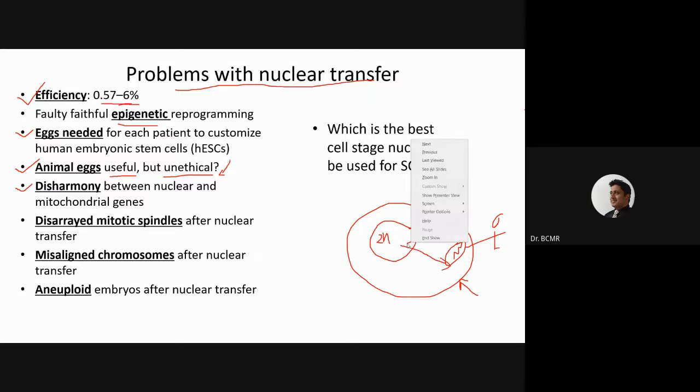There could be. It's not that there has to be, in the sense that the majority of the proteins present in the mitochondria are actually coded by the genome present in the nucleus. So the animal mitochondria could be different from human mitochondria in their requirements from the nucleus. So that is the disharmony between nuclear and mitochondrial genes.